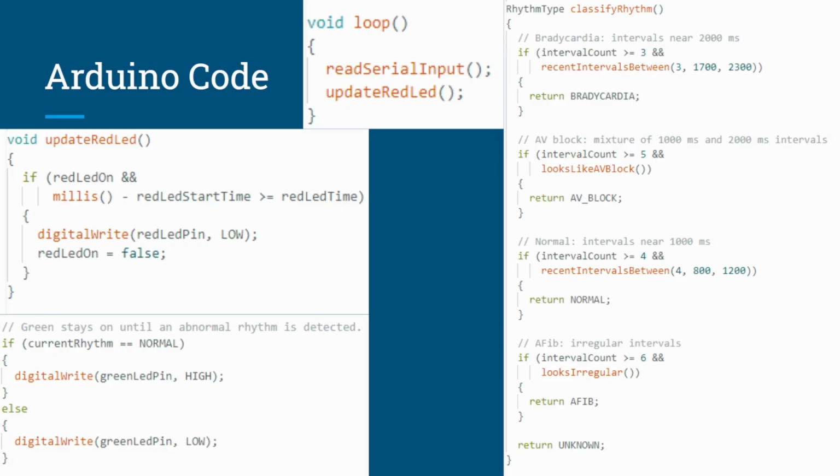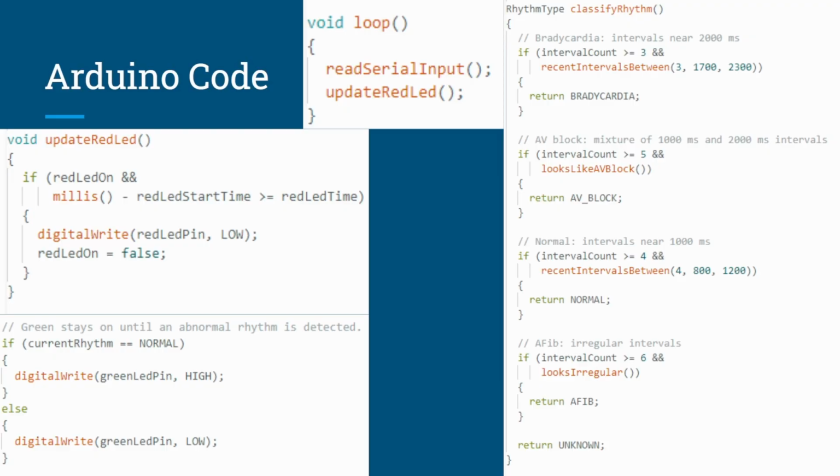And then on the right here, I have my calculations for classifications of rhythm. I'm counting the distance between beats in milliseconds, so it would be 1700 and 2300. If it's somewhere in between that, then it's going to return bradycardia, which is the slow heart rate one.